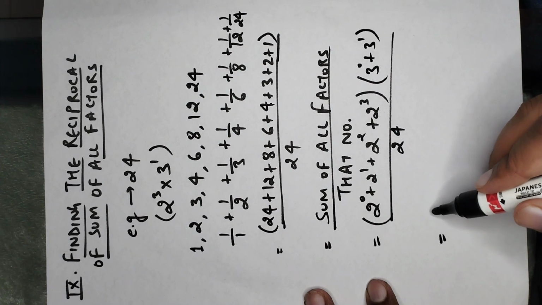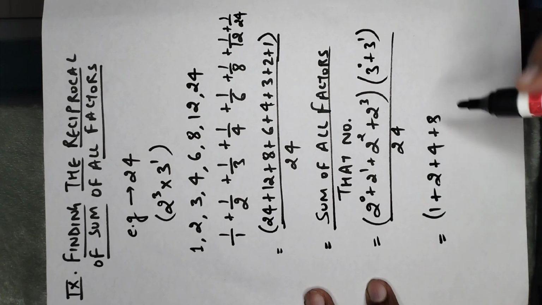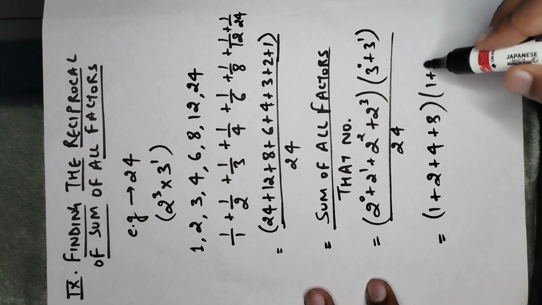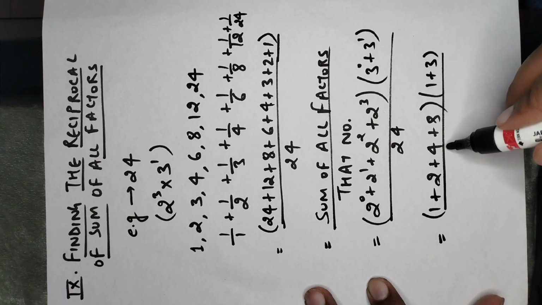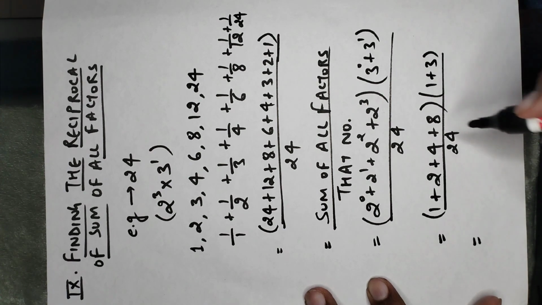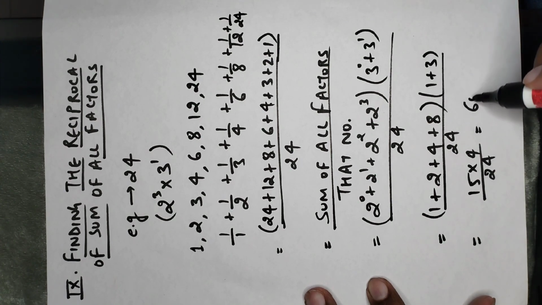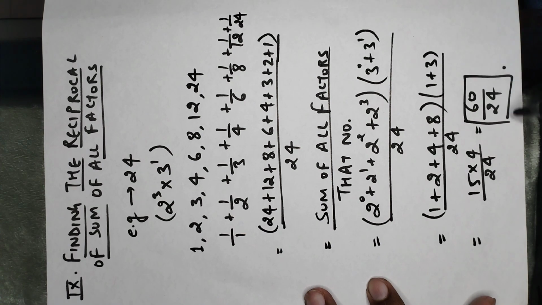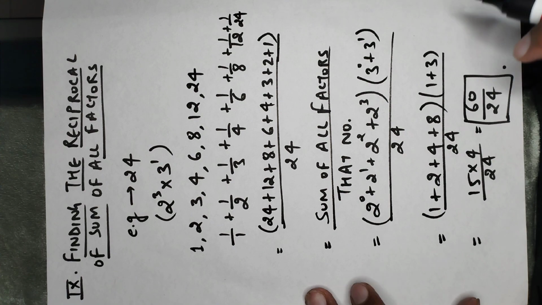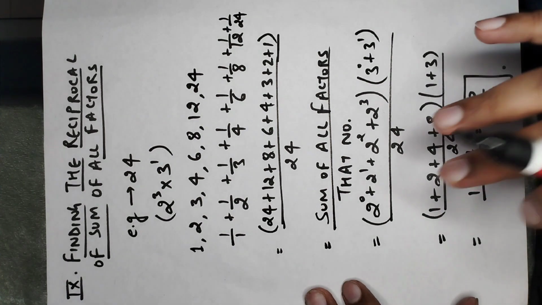Then I can write this one again, so this will be the reciprocal of the sum of all factors of 24. This is how we get the answer.